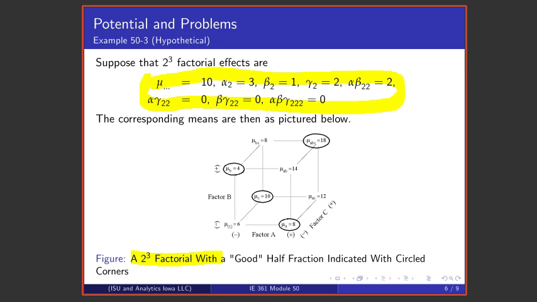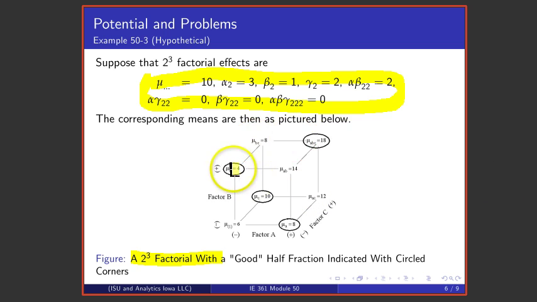You can check that if you add up those effects for each of these 8 different combinations, the numbers written on the corners of this cube are the corresponding mean responses.